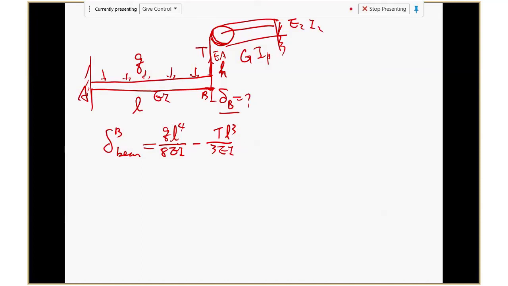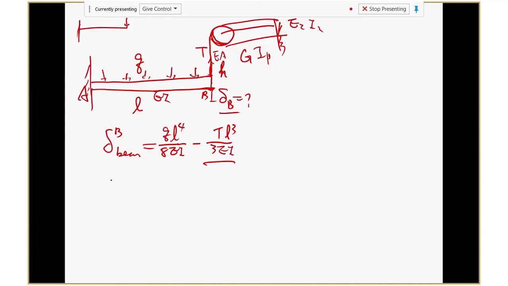Remember this one? If you have a cantilever beam with a load P, that's the equation. The reason you have a minus sign is that T is going upward. So that's how much the beam deforms.